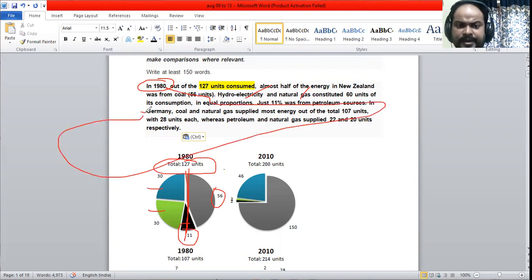In Germany, coal and natural gas supplied most of the energy out of the 107 units.